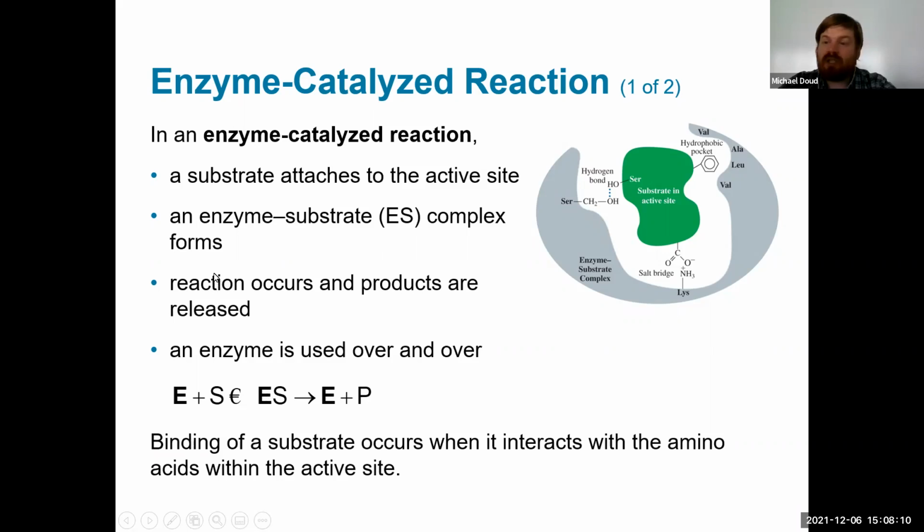Now in this potentially momentary complex, we have a reaction occur, and then products are going to be released from the active site. That opens up the active site to take in another substrate and again do the reaction and release the products again. So the general form here is that an enzyme reacts with a substrate, forming an enzyme substrate complex, and then products are released. So you have the enzyme available again and the products.